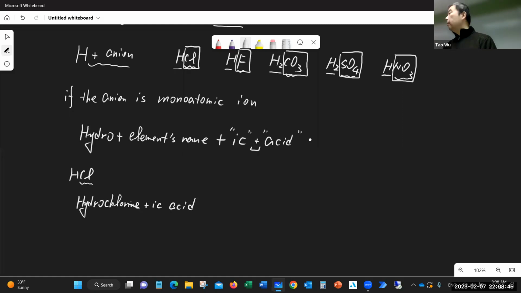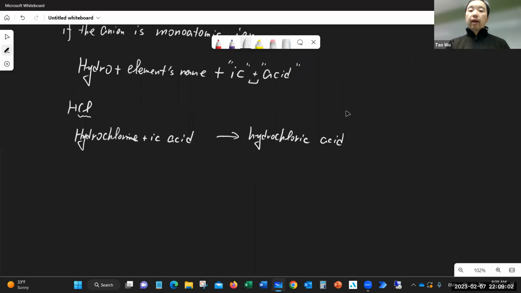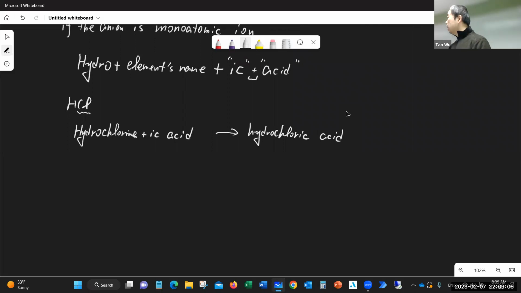If you combine everything together, it's going to be hydrochloric acid. HCl, hydrochloric acid. A very, very common acid, so I hope you remember this.